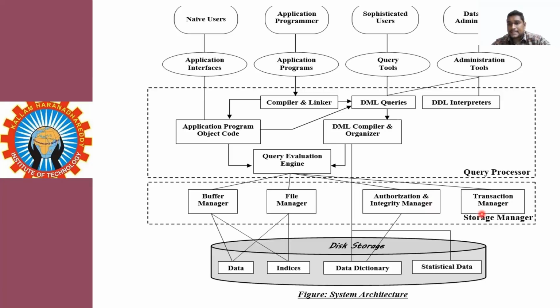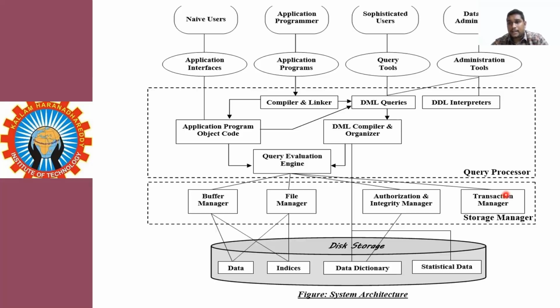Next, the transaction manager. The transaction manager is a manager who checks the ACID properties, whether the ACID properties are being performed or not. ACID properties are atomicity, consistency, isolation, and durability.